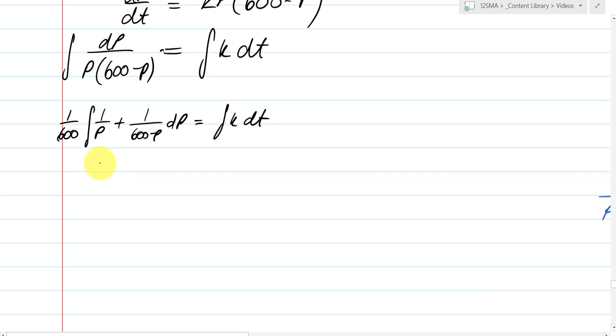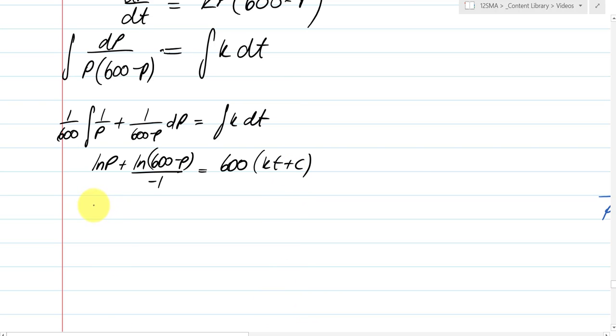And so now I get log of P plus log of (600 minus P) divided by -1, because I've got to divide by the derivative of the inside, is equal to 600 times kt plus some constant c. So I'm going to absorb that 600 into the k and the c.